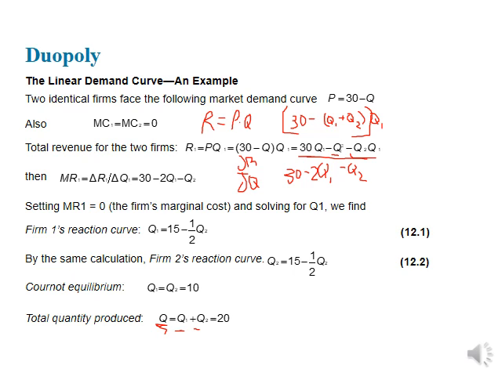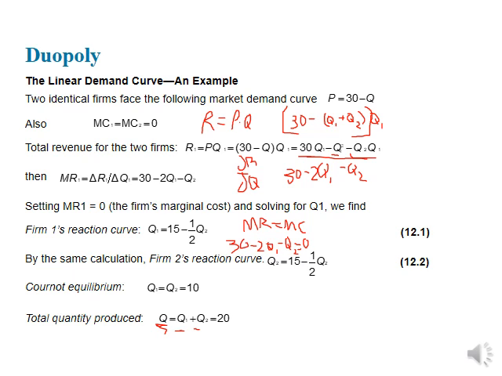And it's our job to set, remember, marginal revenue equal to marginal cost, which in this case is 0. So MR equals MC, 30 minus 2Q sub 1 minus Q sub 2 equals 0.